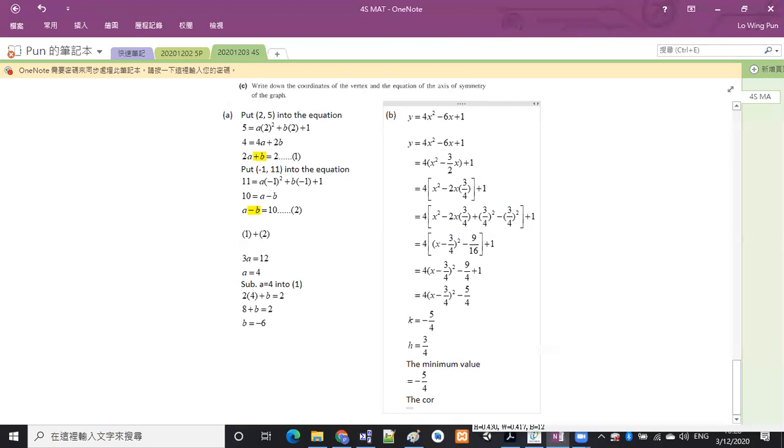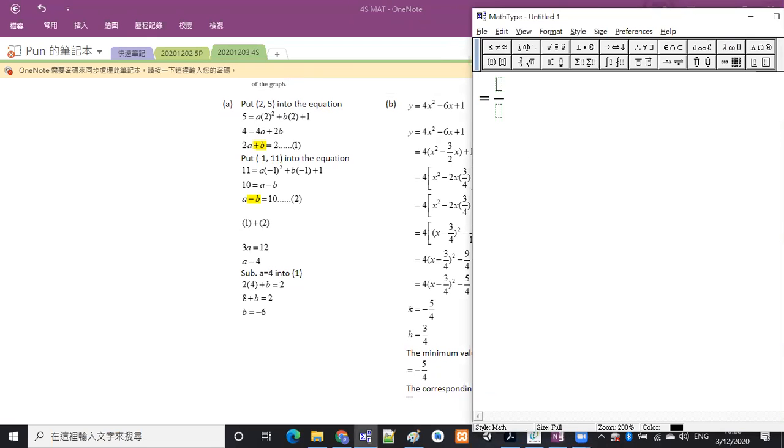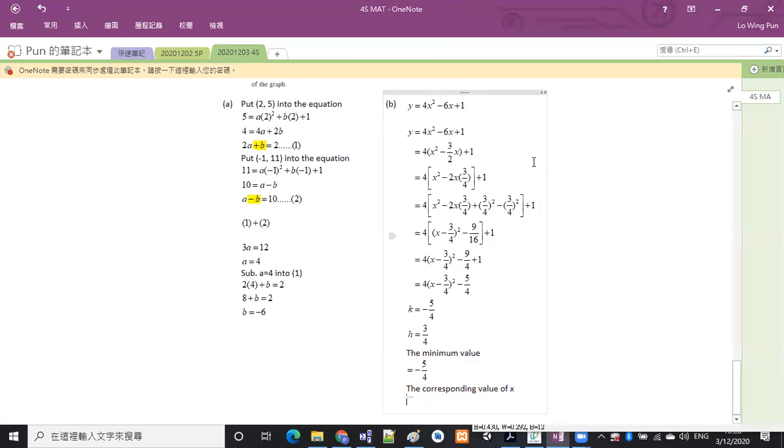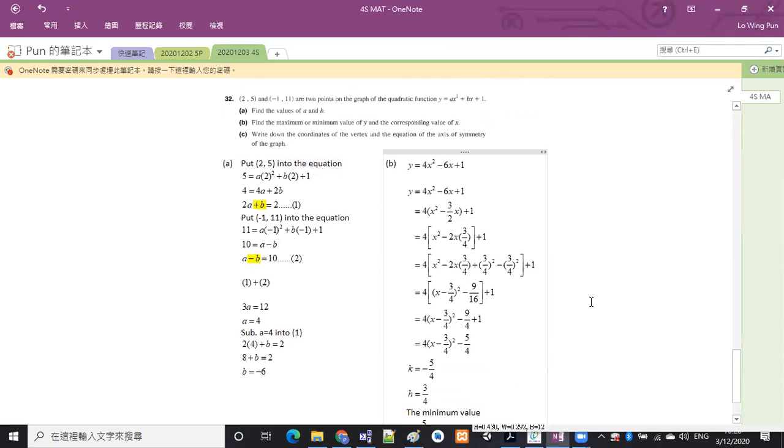And the corresponding value of x will be the h value, that is 3 over 4. So that is the answer of part B.